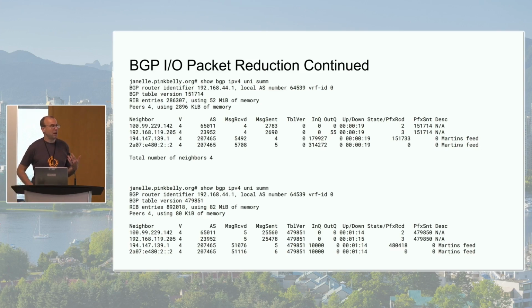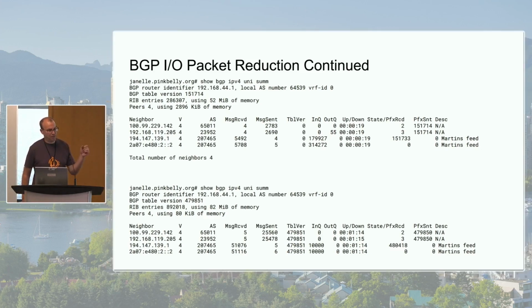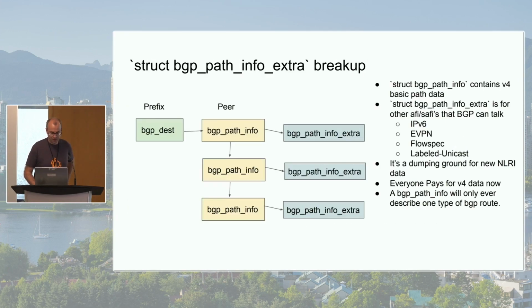You can very quickly get into situations where the input and output is completely swamping BGP with stream data, and all you're doing is just holding data in memory. And at the bottom, you can see the limit where we're just stopping instead of continuously reading. And that actually saves quite a bit of memory.